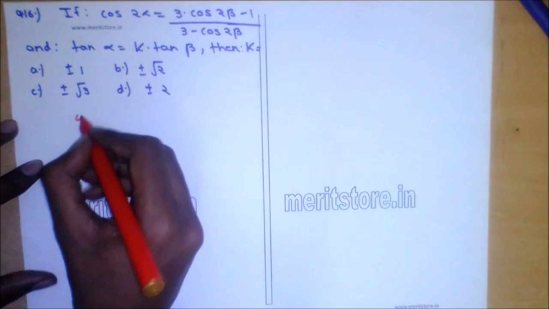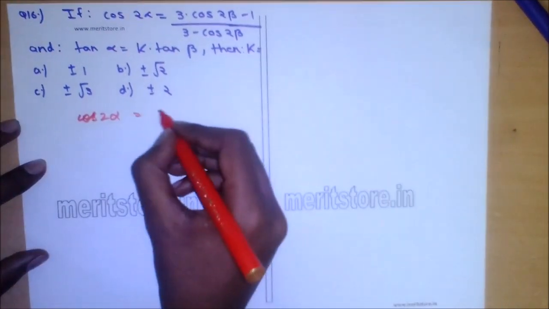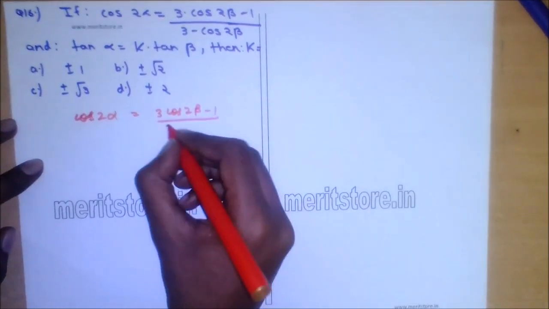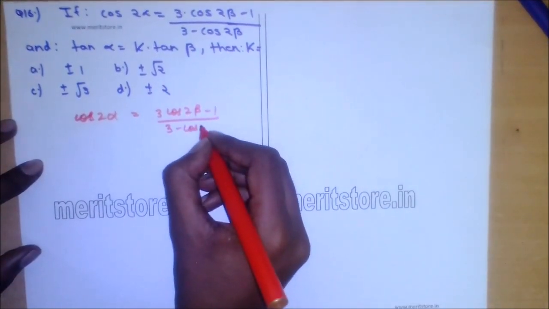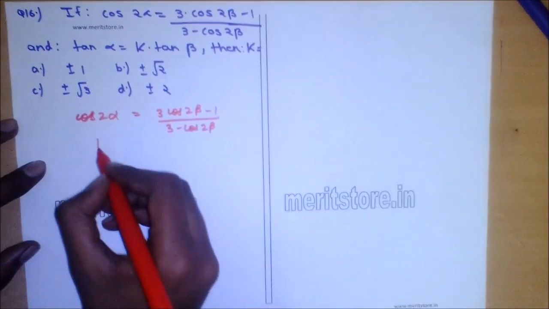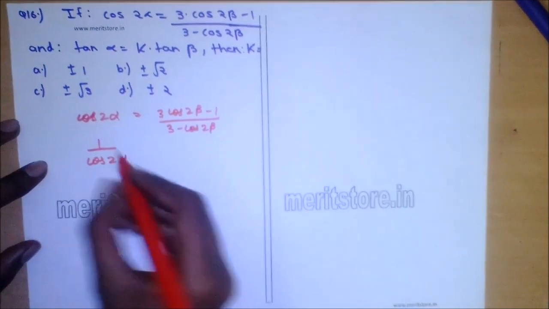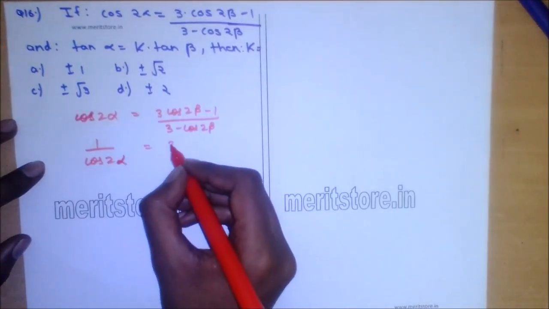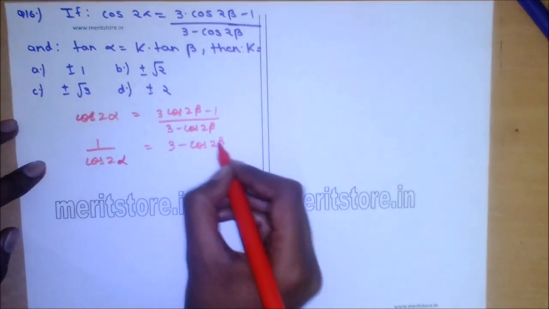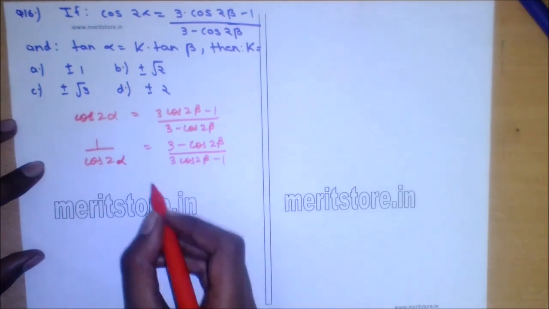So first we rewrite the equation: cos 2 alpha equals (3 cos 2 beta minus 1) upon (3 minus cos 2 beta). That is, 1 upon cos 2 alpha equals (3 minus cos 2 beta) upon (3 cos 2 beta minus 1).